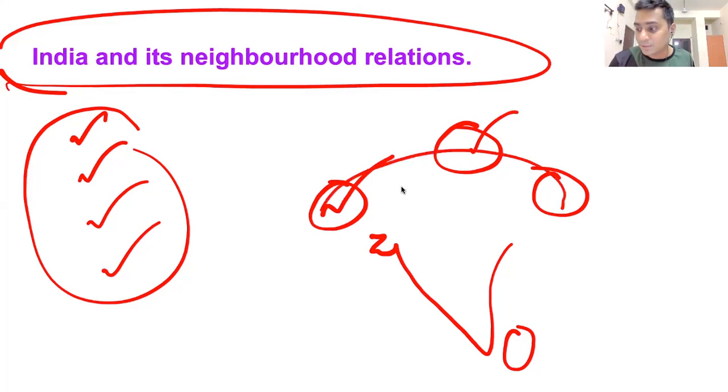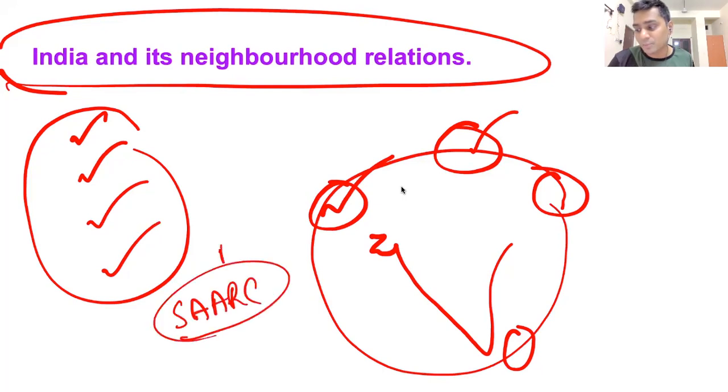Or they are asking about regional groupings such as SAARC, such as Project Mausam, such as India's neighborhood first policy. So either they are asking about policy, or a group consisting of India in the neighborhood, or important institutions. Look at Sri Lanka, Pakistan and China, they have asked substantially.